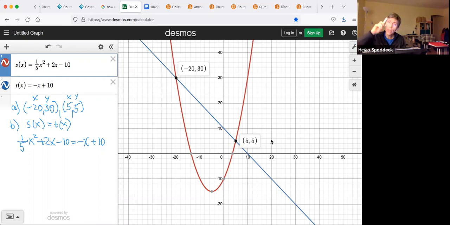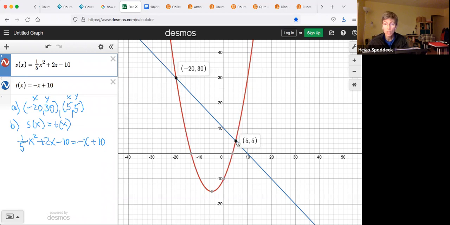So here we are looking only for x, but we are looking for the x where, let me switch back to using my mouse to point at things, I'm looking at the x where both the function values are the same. That means the y of function s and the y of function t are identical. Now, those 2 points happen to be our points of intersection, right?